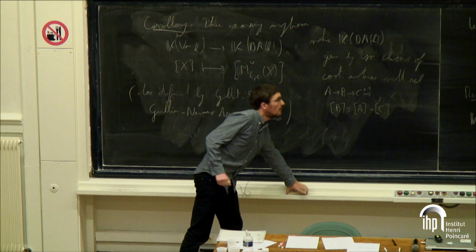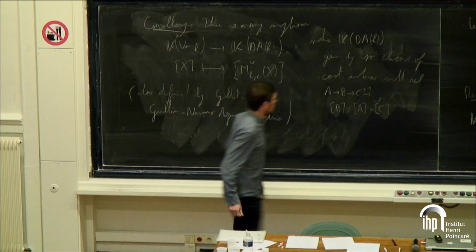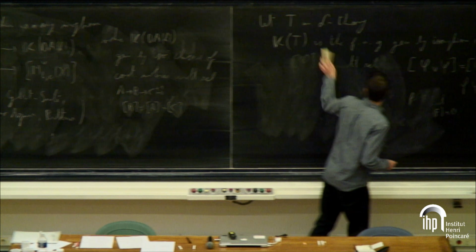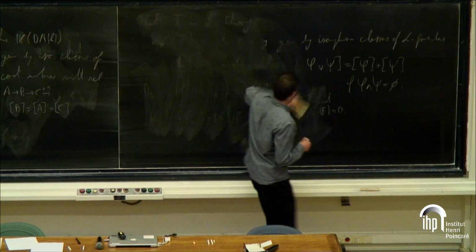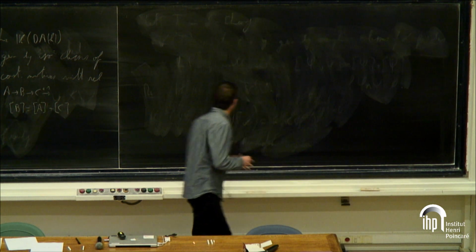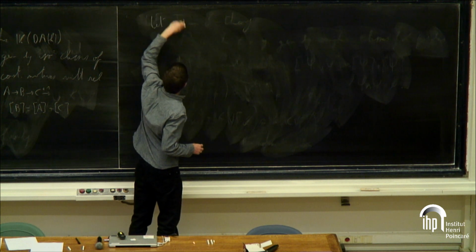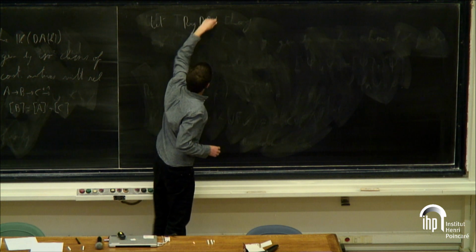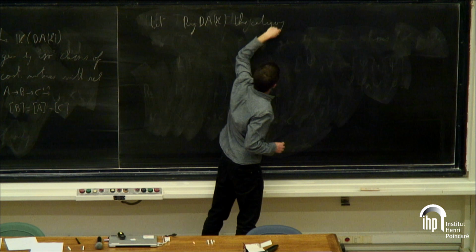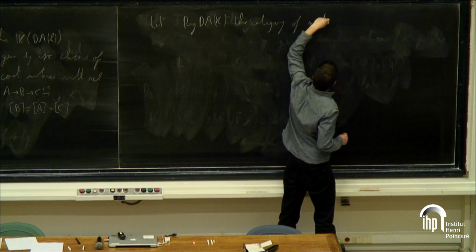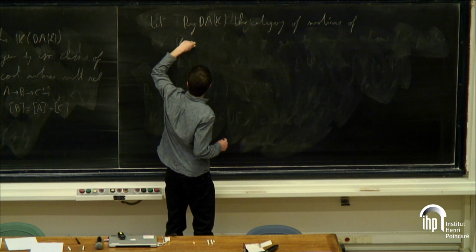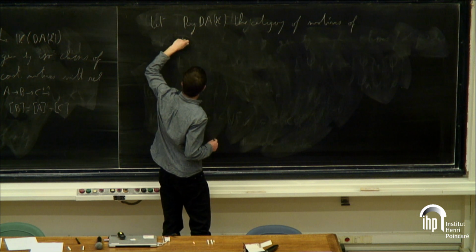Okay, and from this we can also consider rigid motives. As I've not defined motives, I won't define a rigid motive either, but you can think of them as follows: let KDA of K be the category of motives of rigid analytic K-varieties.